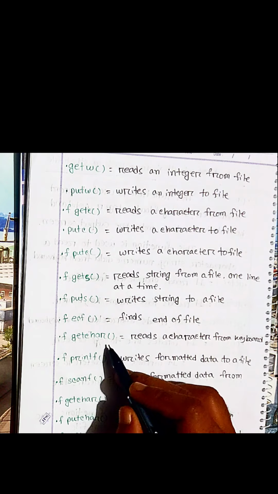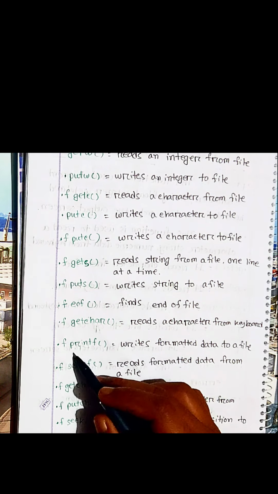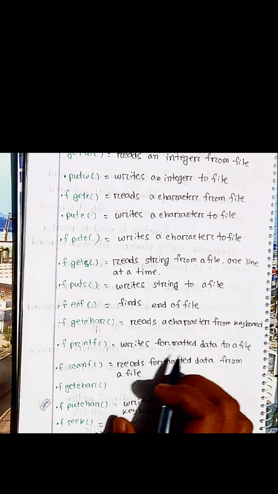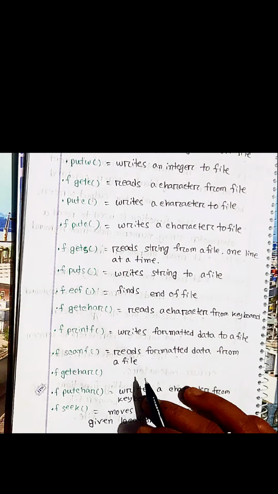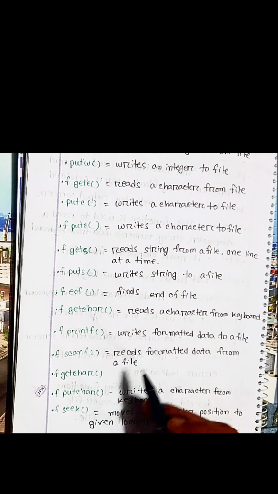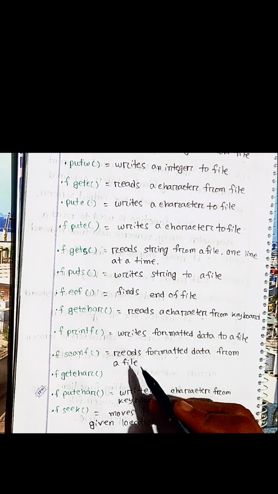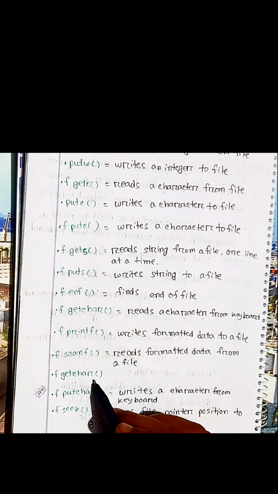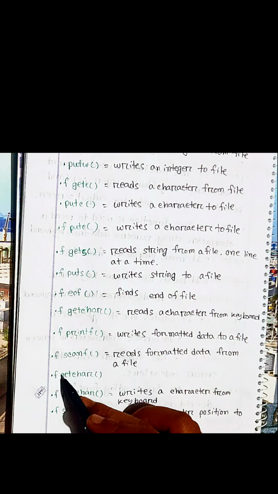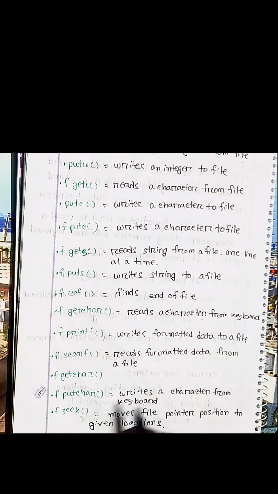Like A, it will give you the output A. fprintf writes formatted data to a file. Okay, fscanf reads formatted data from a file. It will read data and it will write data, and it is similar to that one. I have written it multiple times.